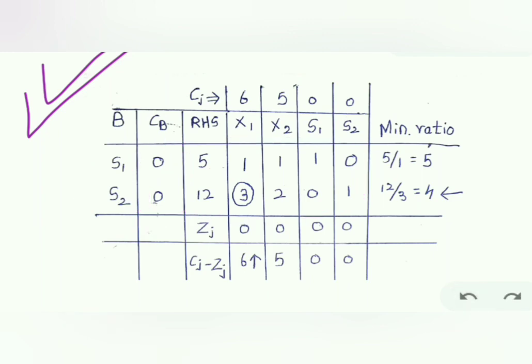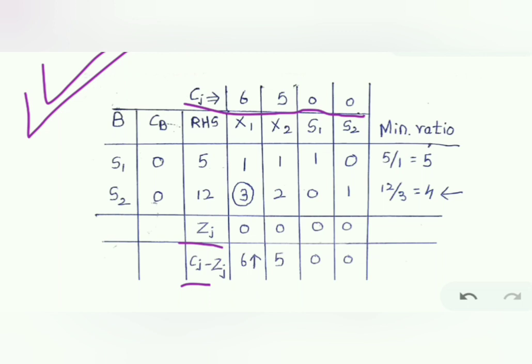Next, what is this Zj? I need to write something called Zj. Zj will give me the profit value. Cj is the coefficient of the variables in the objective function. So what would be Cj minus Zj? That we need to find, but I don't know how to find Zj.